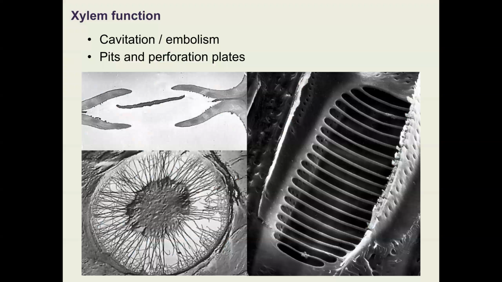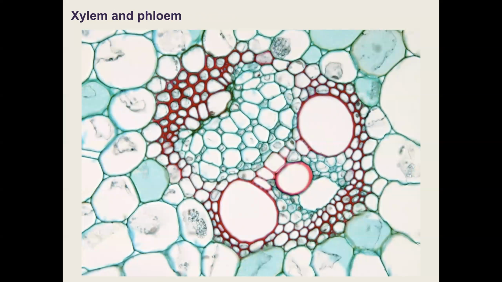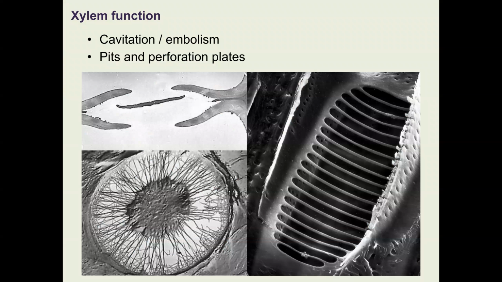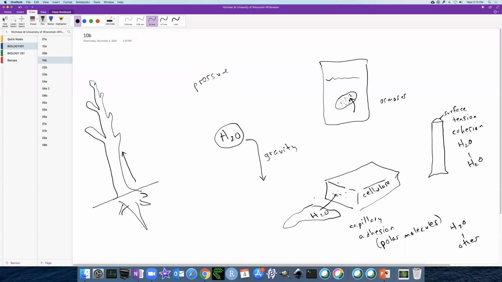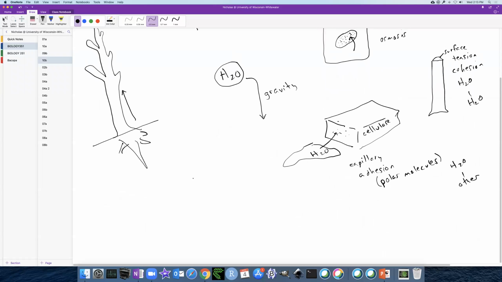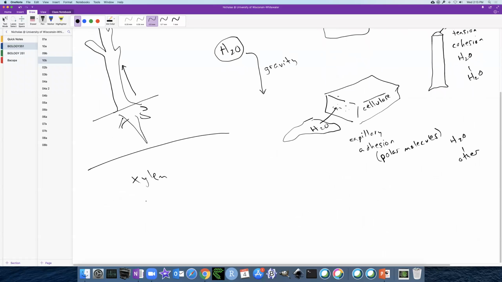Okay, so we're going to come back around again to the function of the cells that are moving the water and the sugar around. So xylem and phloem. We talked about developing xylem and phloem before, and I want to talk a little more about function of xylem and phloem right now. So xylem cells, review what we know about xylem. Xylem cells are, if you remember, dead at maturity.